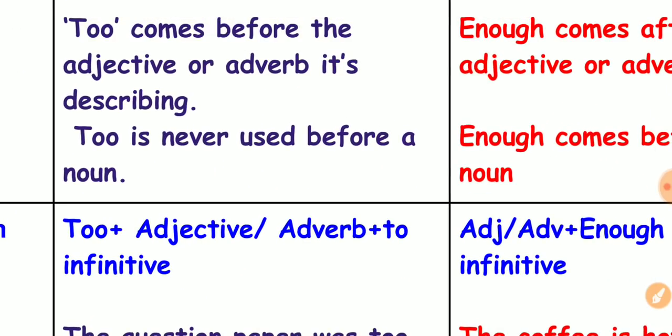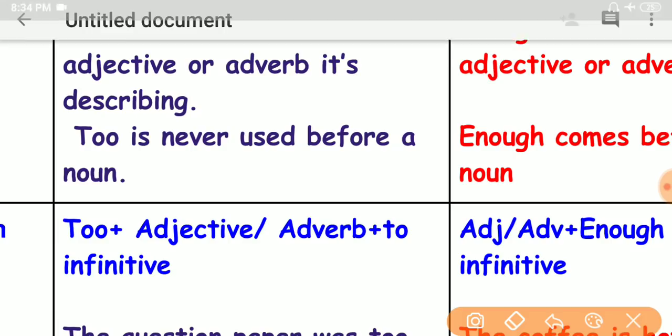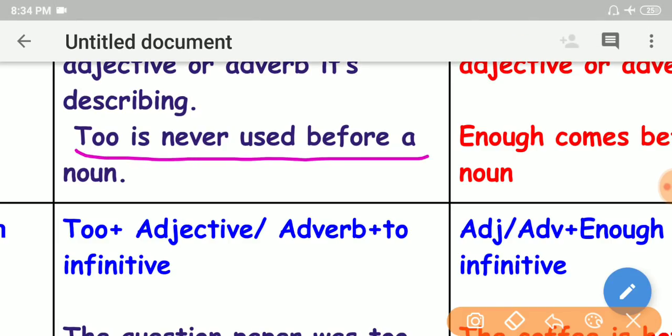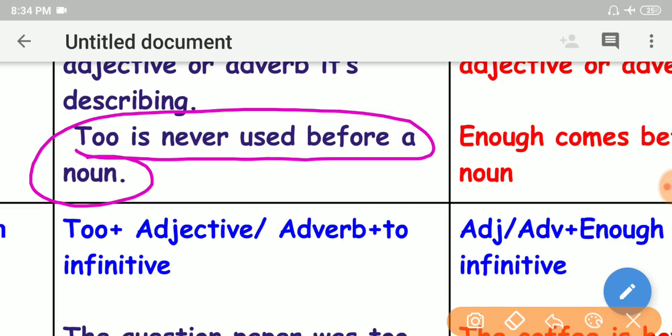So again, one more important point you must understand here. Too is never used before nouns. Too should not be used before nouns. That means "too" cannot be used as an adjective, whereas enough can be used as an adjective, which can be used before nouns.